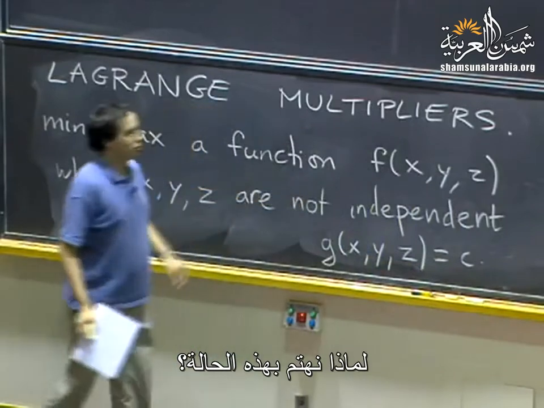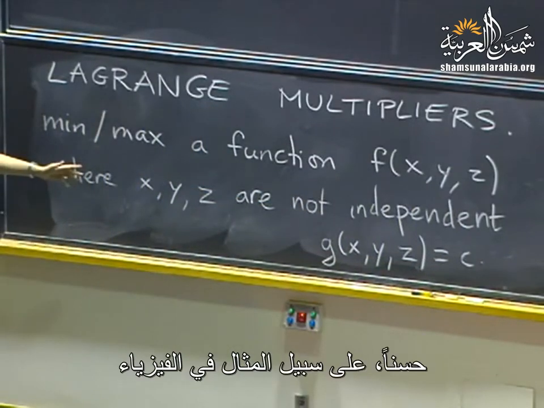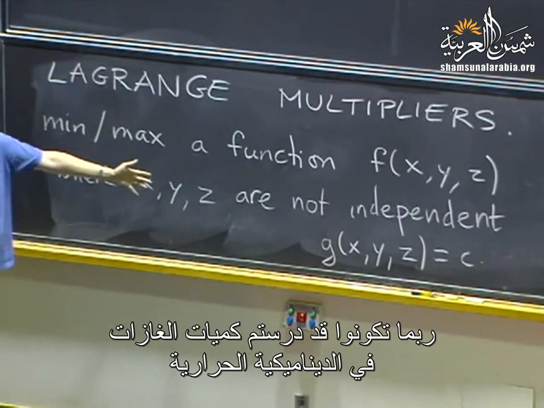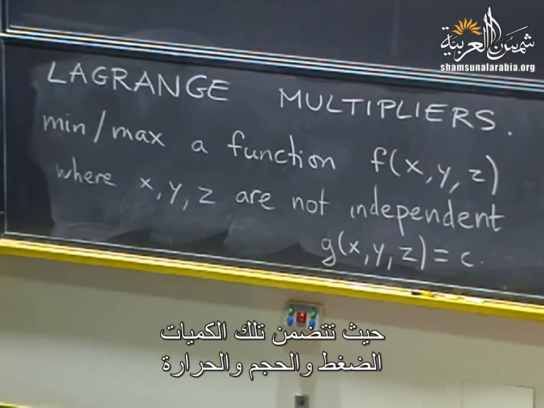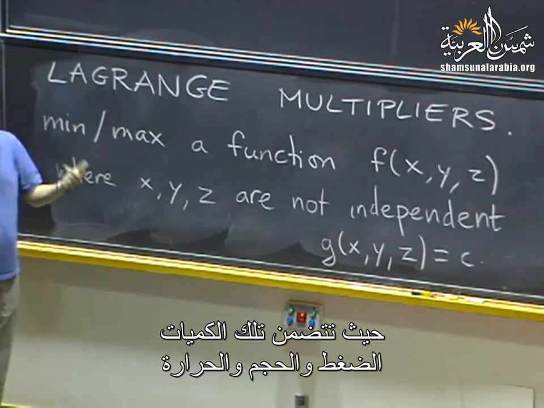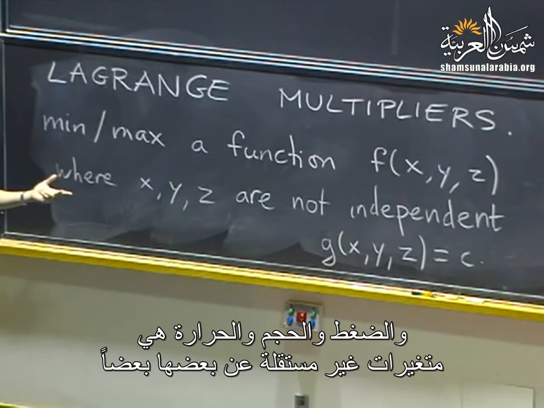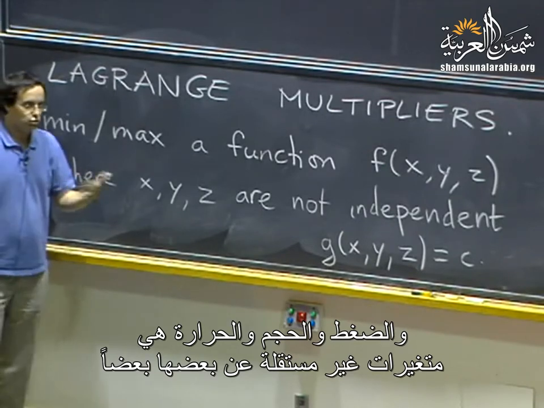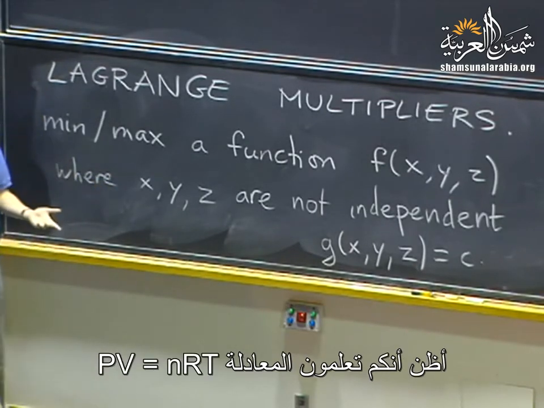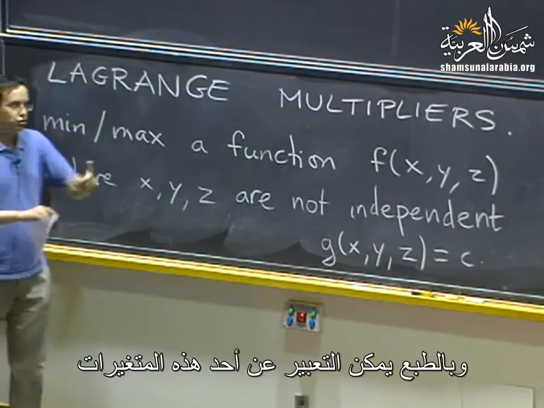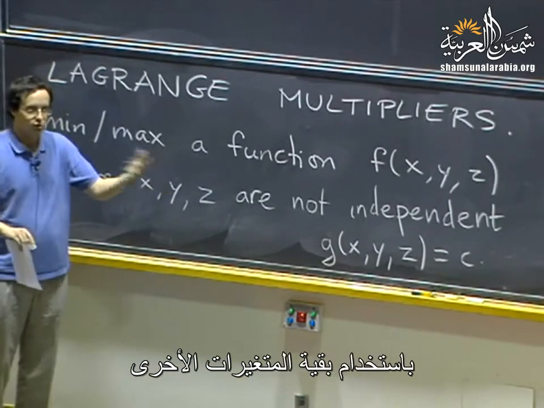So why would we care about that? Well, one example is actually in physics. Maybe you've seen in thermodynamics that you study quantities about gases, and there's quantities that involve pressure, volume, and temperature. And pressure, volume, and temperature are not independent of each other. I mean, you know probably the equation PV equals nRT. And of course, there you could actually solve to express things in terms of one or the other.